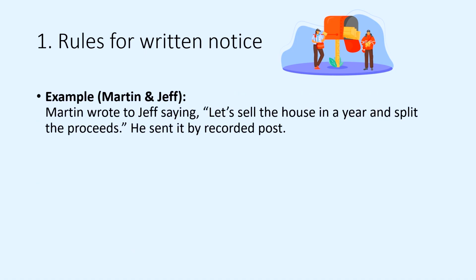Let's have a look at an example. So we've got two shared owners, Martin and Jeff. But Martin says, I don't want to be a joint tenant anymore because I want to sell the house next year and then I want to split the proceeds.